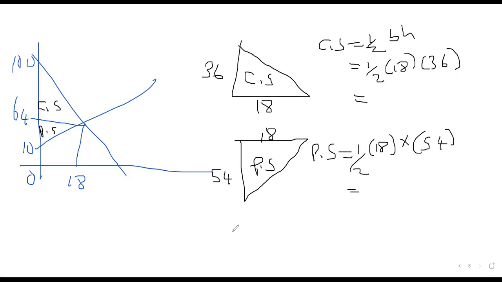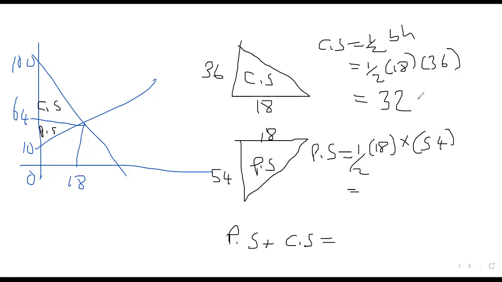What are you getting? Have I lost anyone? No, we are here. Okay, so what is the consumer surplus and the producer surplus? It makes sense each time you're participating and you're calculating, because it looks easy when somebody's solving. Consumer surplus is 324.